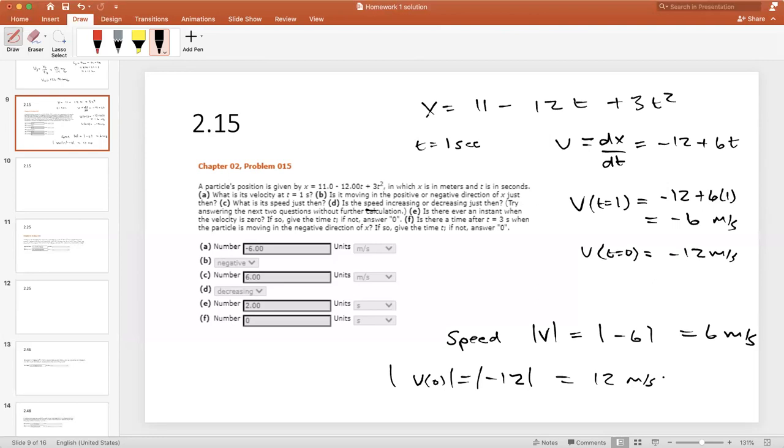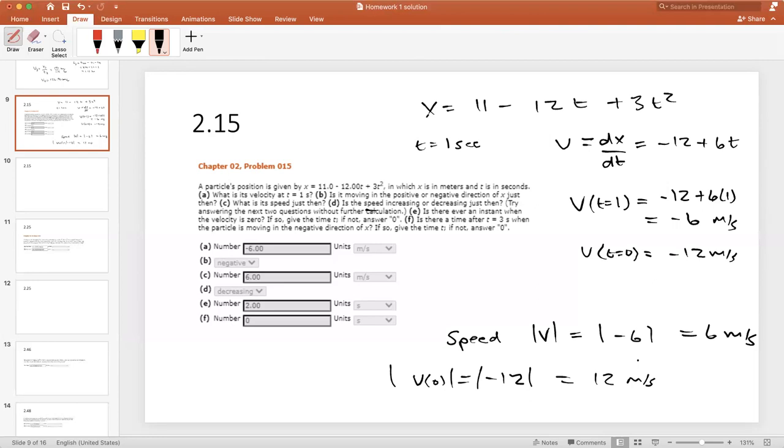So really, I think it's more important to know that it's increasingly positive, but we note that how fast you're going is actually decreasing until you stop and turn around. Which leads us into part E.